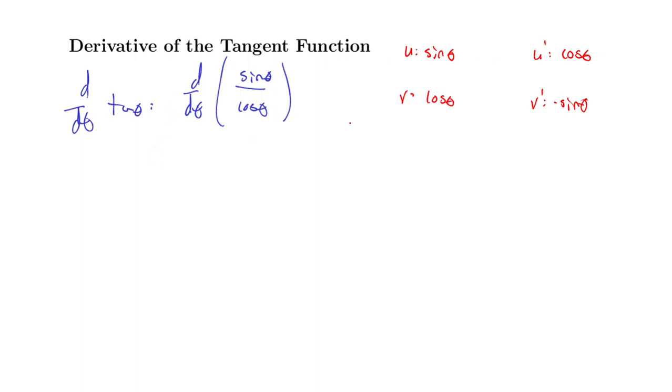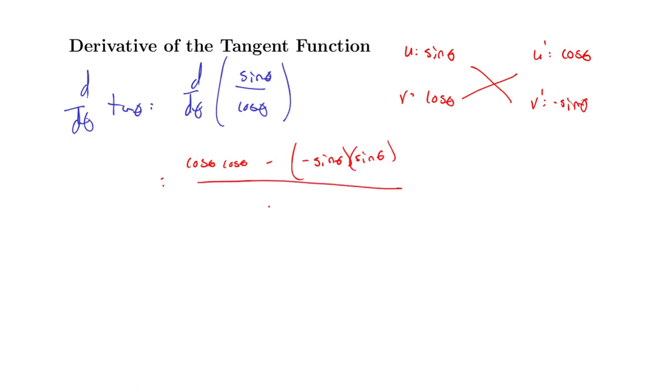You might remember that we have v u prime, so this is going to be cosine theta times cosine theta, minus u v prime, that's negative sine theta times sine theta, all over v squared, and that's cosine squared theta.